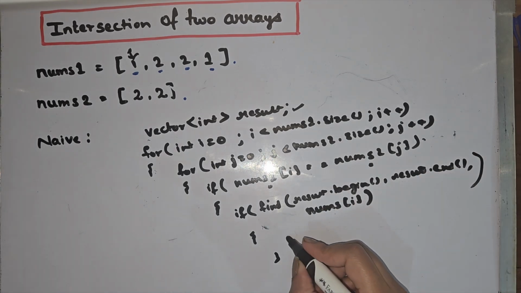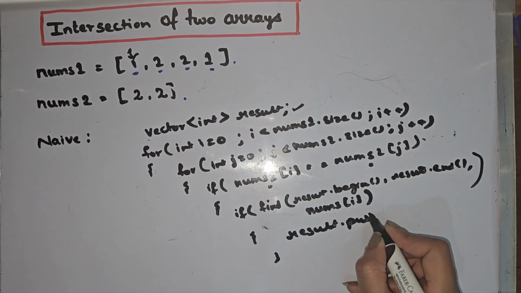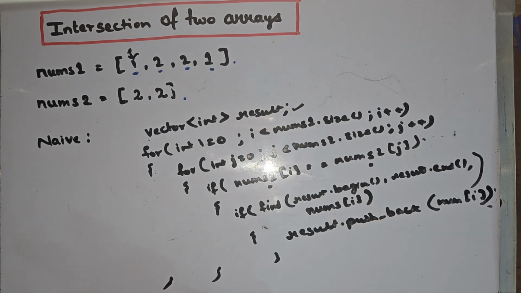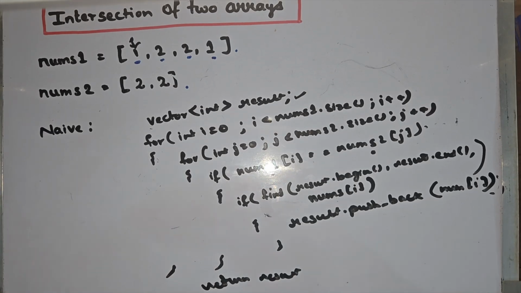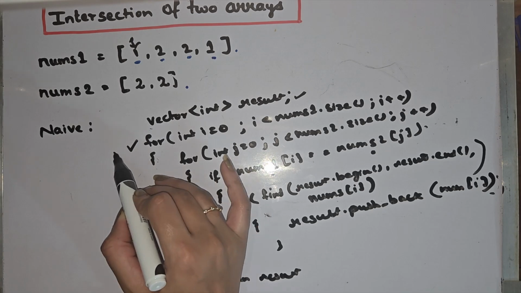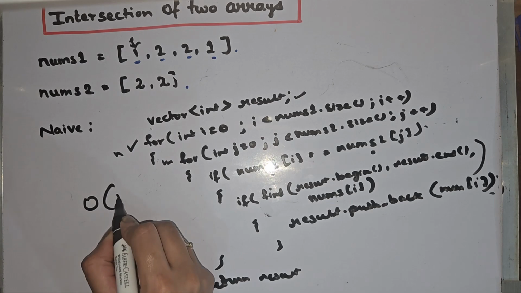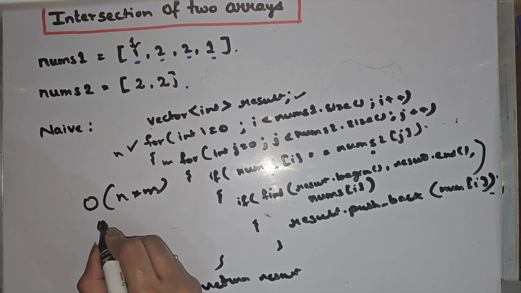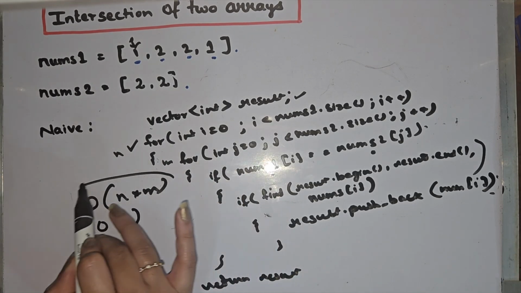So if the element does not exist, what we will do is result dot push_back this element, and at last we will return the result. So the time complexity of this particular solution, if let's say the size is n of this array and m of this array, then the time complexity is order n into m, and space complexity is order 1. So we need to optimize this particular time complexity.